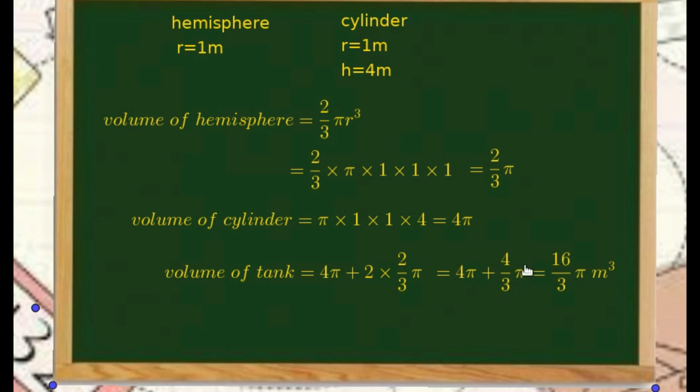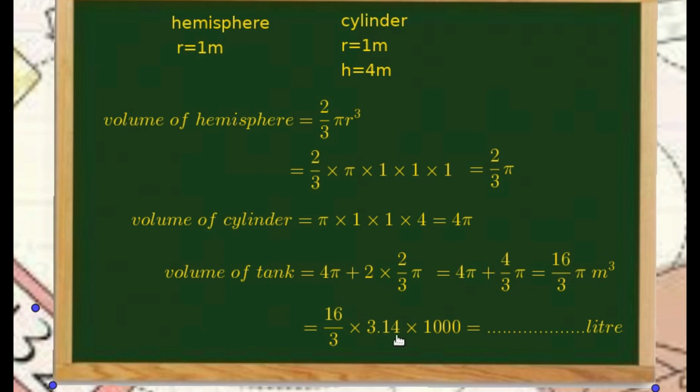Then add these: 3 into 4, 12, 12 plus 4, 16 by 3 pi meter cube is the volume of the tank. Therefore the capacity equals 16 by 3 into pi.